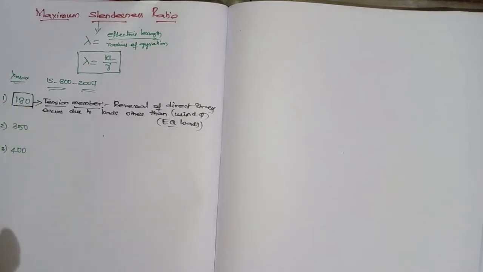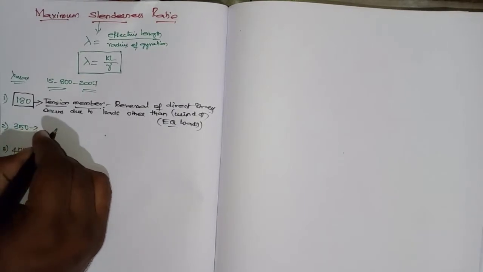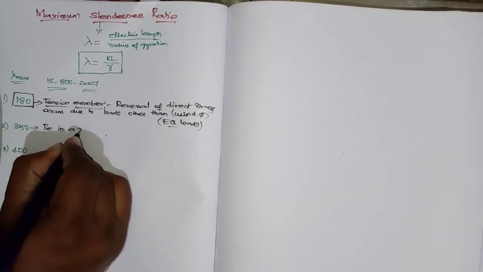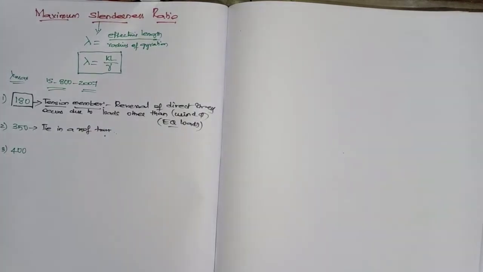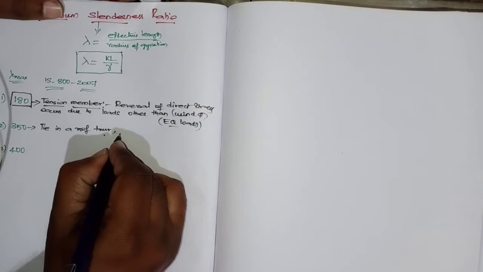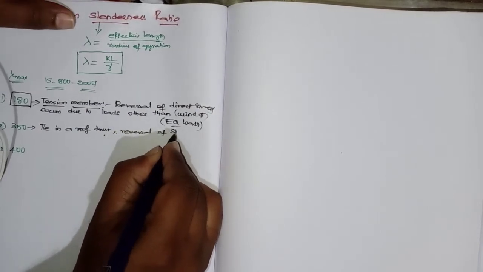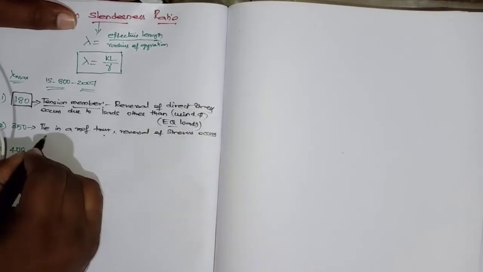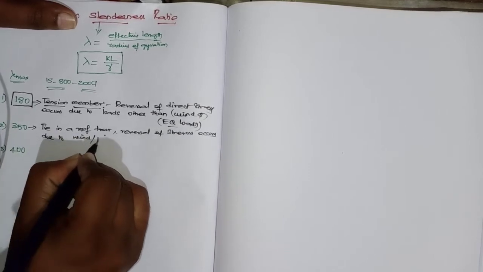Next, a tie member in a roof truss, in which reversal of stresses occurs due to wind or earthquake loads.